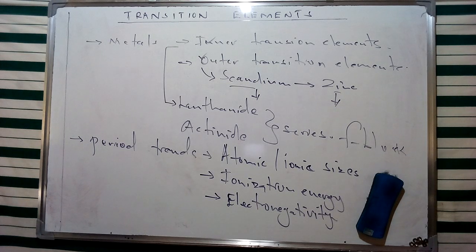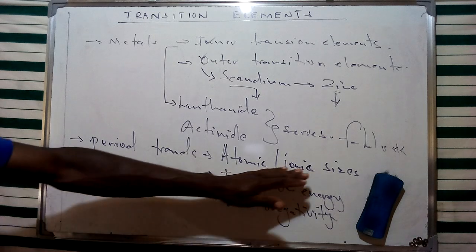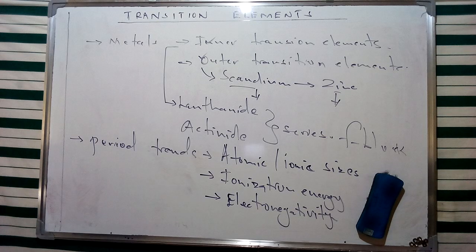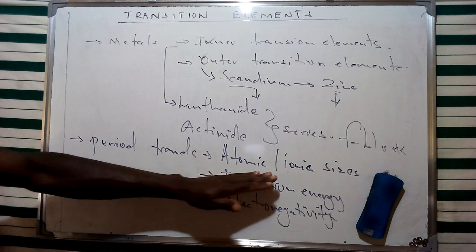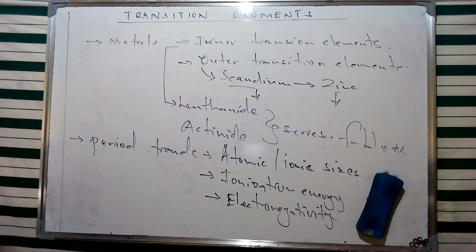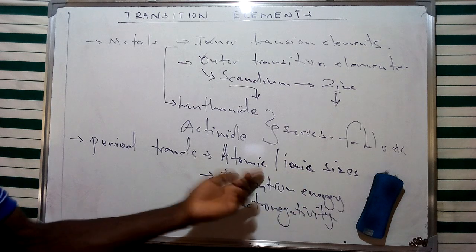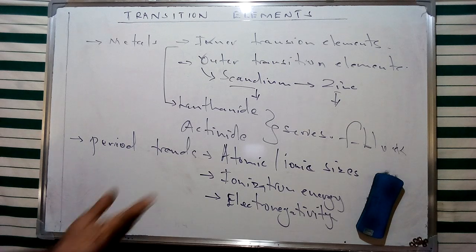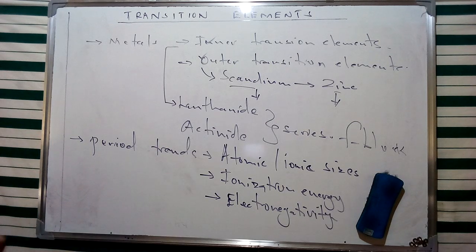Now, the atomic and ionic sizes are basically the distance from the nucleus to the outermost occupied energy level, in ionic or atomic form, across the periods and down the groups of the periodic table.